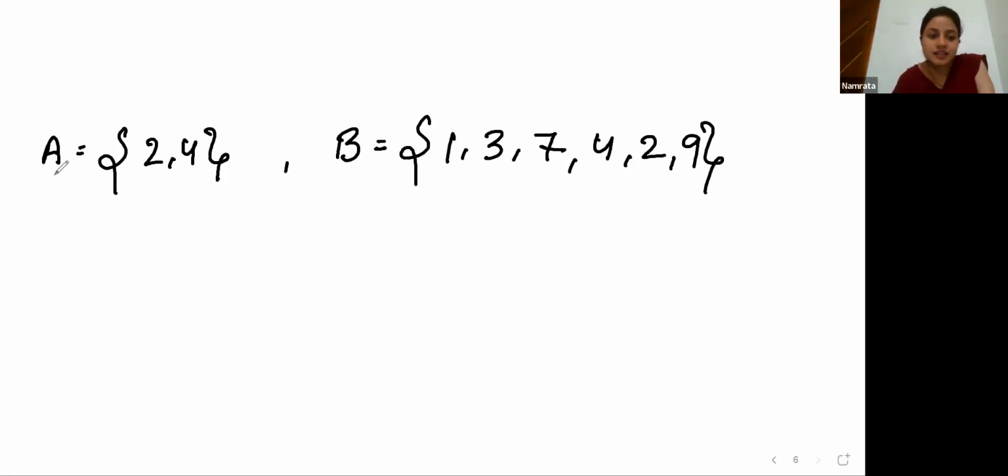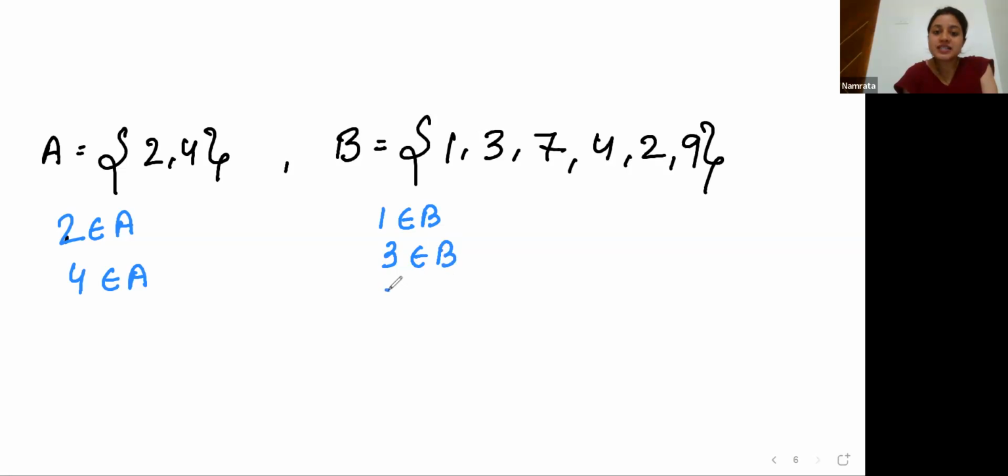Here set A has two elements: 2 belongs to set A and 4 belongs to set A. Similarly, for set B, we can say 1 belongs to set B, 3 belongs to set B, 7 belongs to set B, 4 belongs to set B, 2 belongs to set B and 9 belongs to set B.